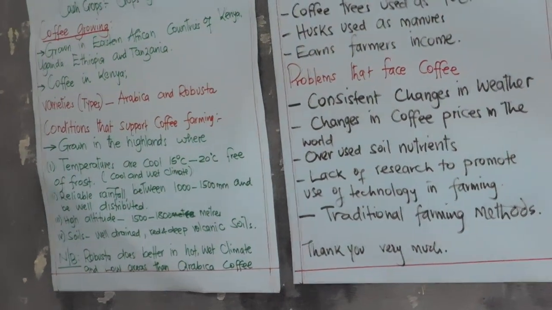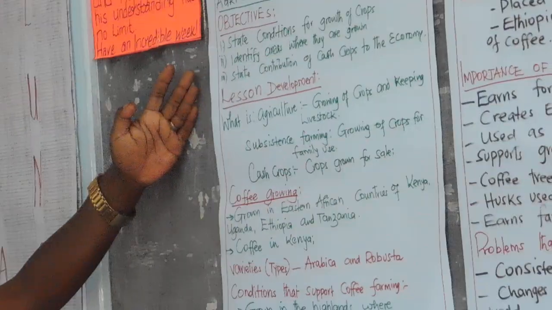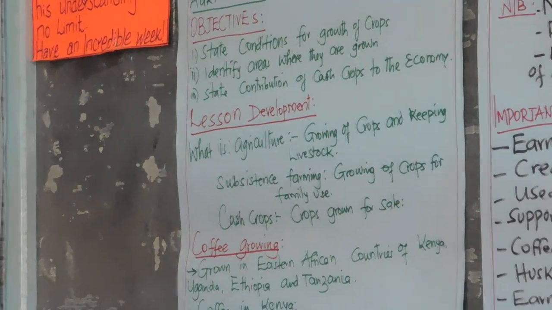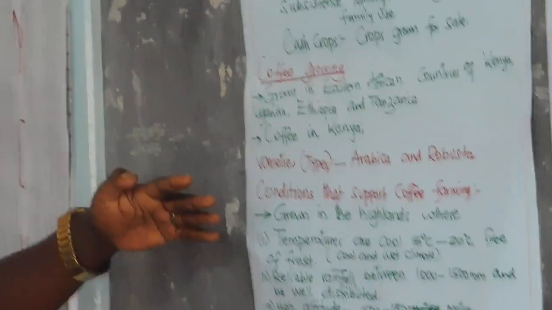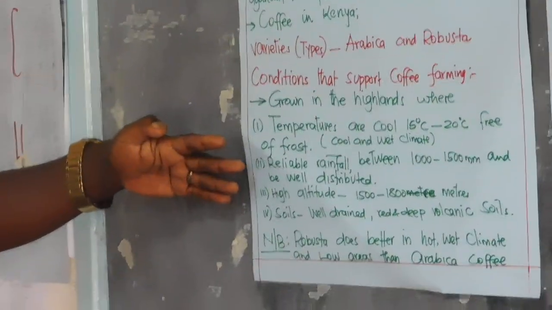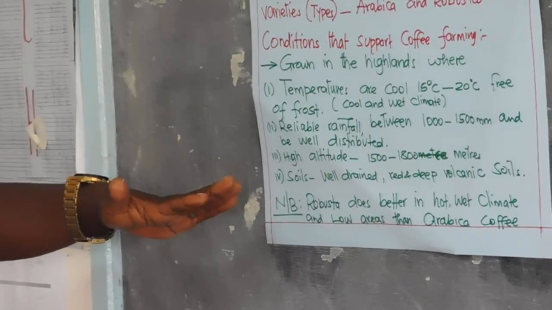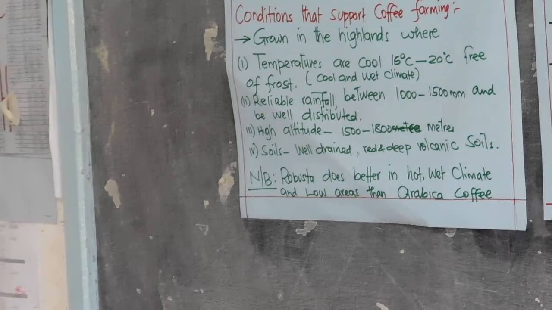This brings me to the end, and I would like to remind us very quickly that we've looked at the objectives of coffee growing or the cash crop growing, and in particular today we have dealt with coffee growing in Kenya and Ethiopia, and we have realized for coffee to do well we need temperatures, rainfall that is reliable throughout the year, cool temperatures, a high altitude, and soils that are well drained.